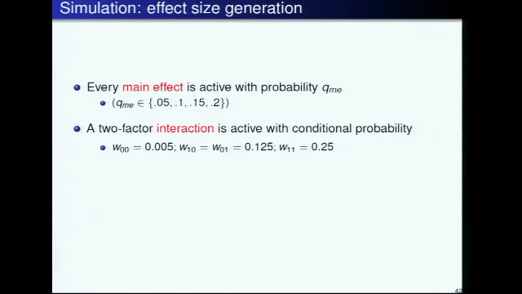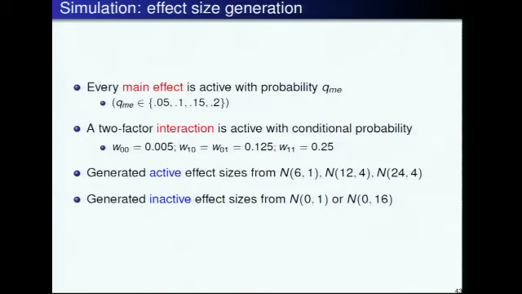Then we use the conditional probability in, I think it's Chipman, Hamada, and Wu paper for assessing a probability of an interaction being active. And then if the effect is active, we generated on one run of the simulation from this size, another run from this size, another run from this distribution here.